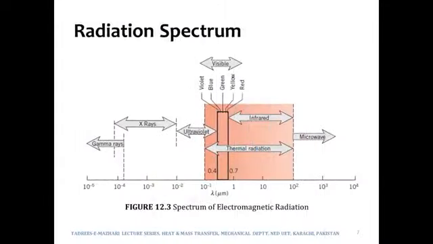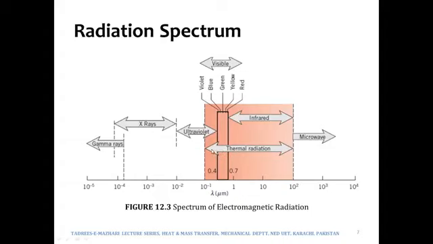This is the same or a similar diagram from our book. It is figure 12.3 of our book in Cropper and Dewitt, where again we are being shown gamma rays, X-rays, ultraviolet rays, infrared, and also the thermal radiation portion.